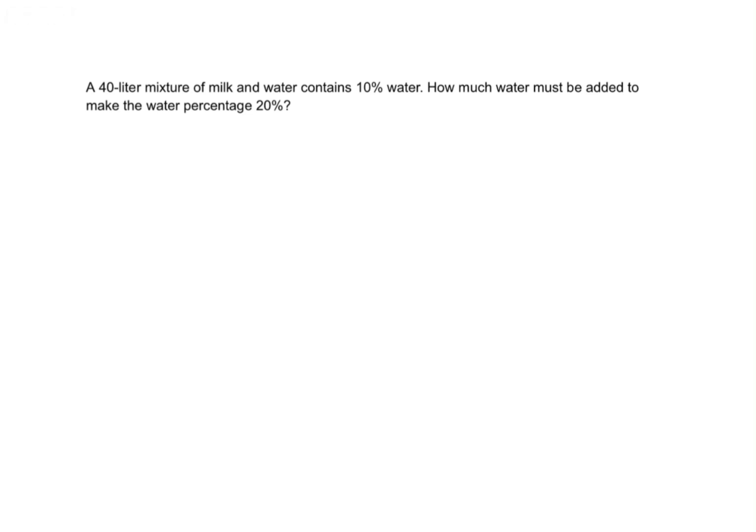It says 40 liters of milk and water contains 10% of water, and how much water must be added to make the water percentage as 20. Now 10% water means 90% of the mixture will be milk, so milk is to water for the first case will be 9 is to 1.